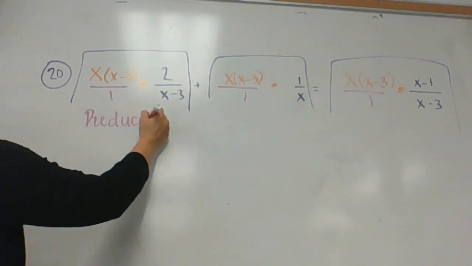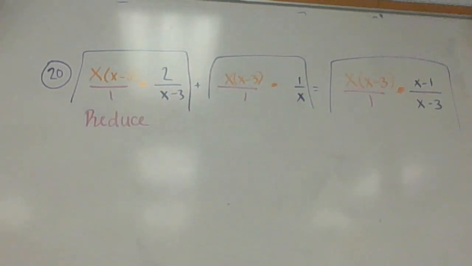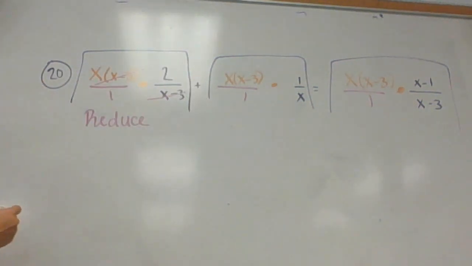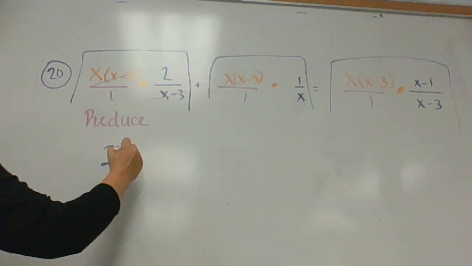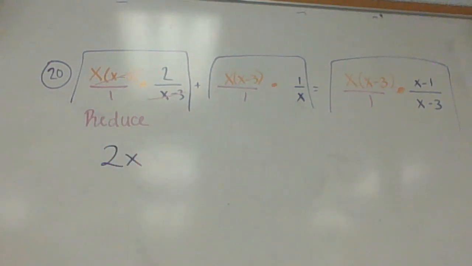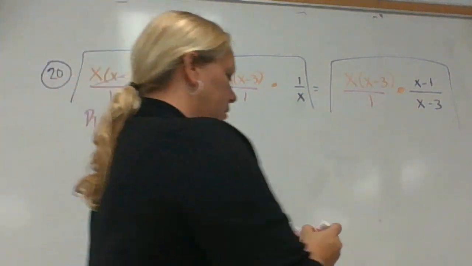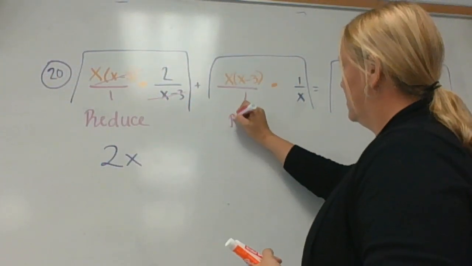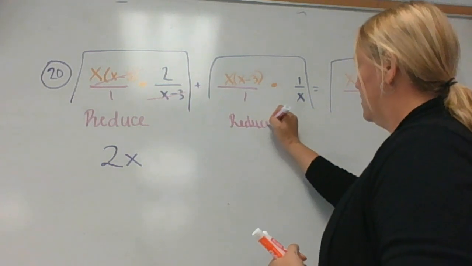So in our first one, I reduce anything that's the same up and down and diagonal. The x minus 3 is reduced. And all we have left is 2 times x. That's great. Really got rid of a big part of the problem right there.